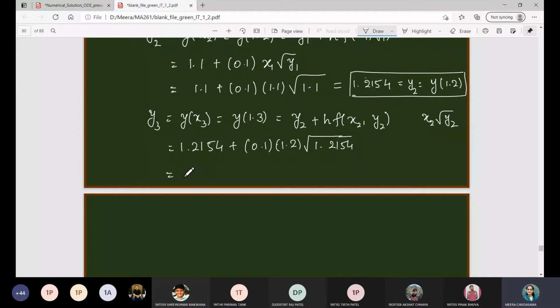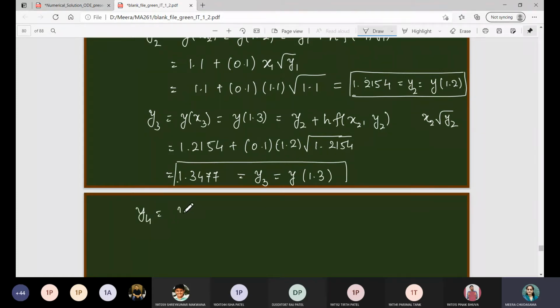So tell me the corresponding value. 1.3477, the correct answer. Very good. So y3, that is y at 1.3, is this.